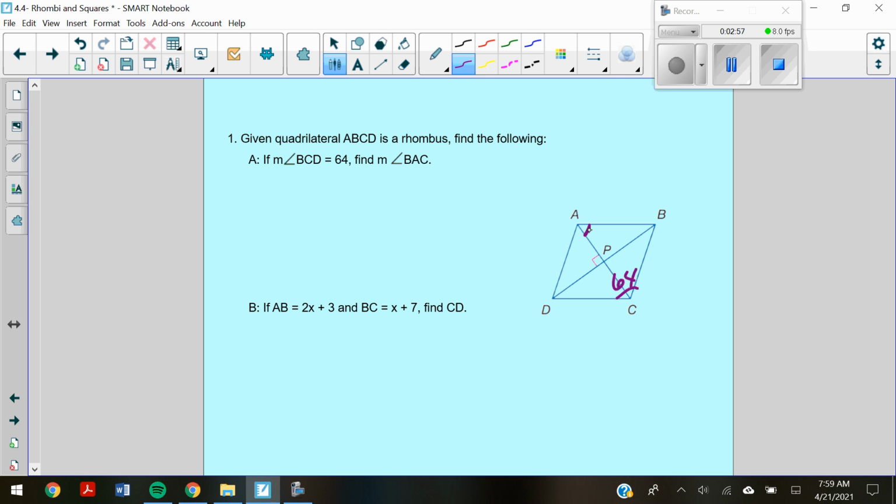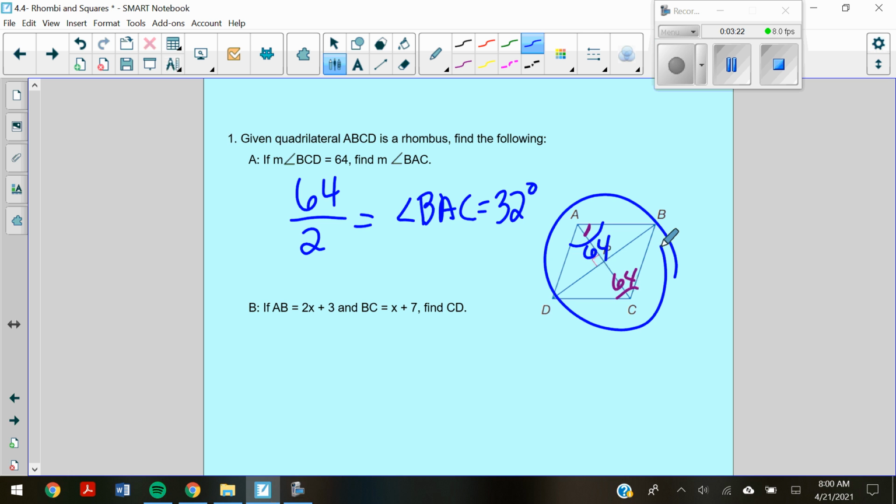We keep in mind that opposite angles are congruent, so that means this entire angle is 64. Now the diagonal bisects it, so we're going to take 64 and divide that by 2. So the angle BAC is equal to 32 degrees. It's half of that angle. All right, so I'm going to erase that just to clear up our picture.